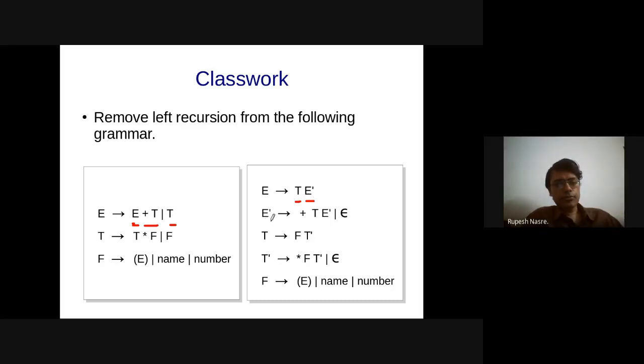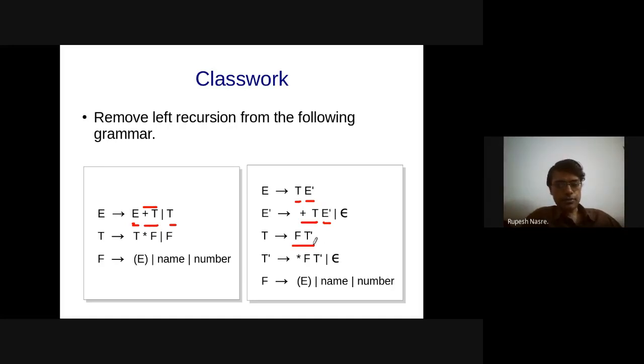That new symbol I am just marking as E prime, and that E prime is now alpha, that is plus T followed by B, right? So that alpha B or epsilon. So that alpha is coming from here, plus T, and repeated applications of that plus T need to happen, or epsilon, right? And the same thing is applied here also.